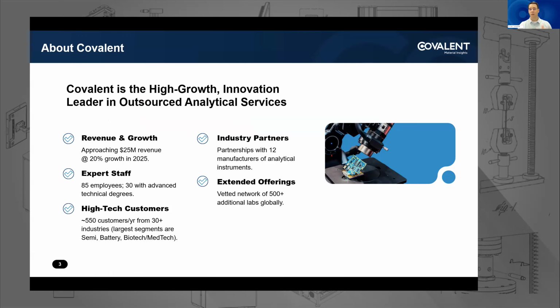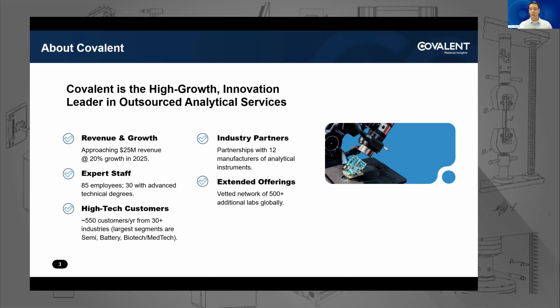That helps us ensure that we're giving you the leading equipment technology and the support to run that equipment to its highest capabilities. However, no lab is going to have every piece of equipment that exists. And so for the things that we don't offer internally, we have a network of, at this point, over 500 partners that we work with globally.